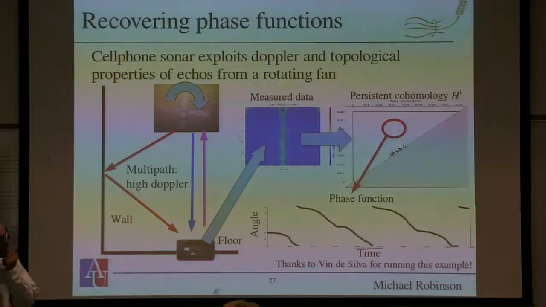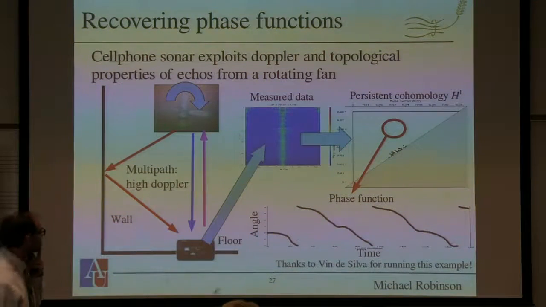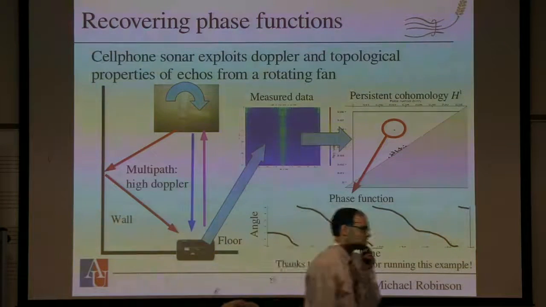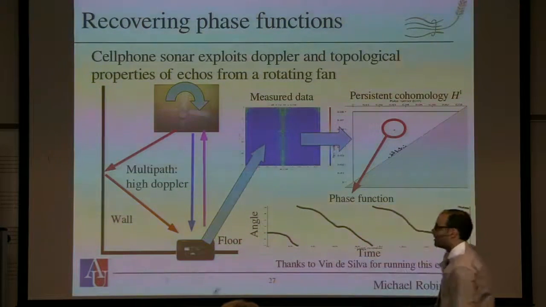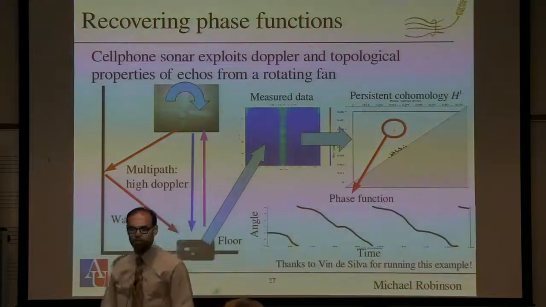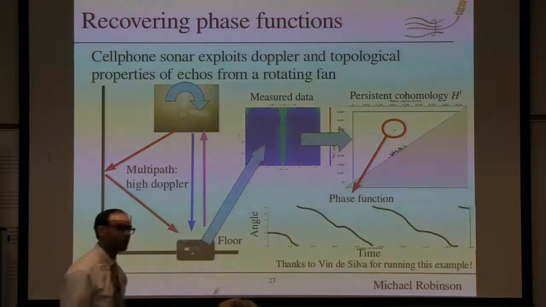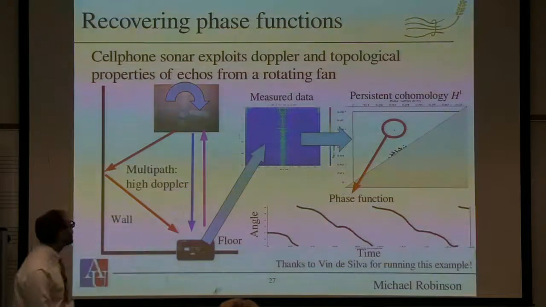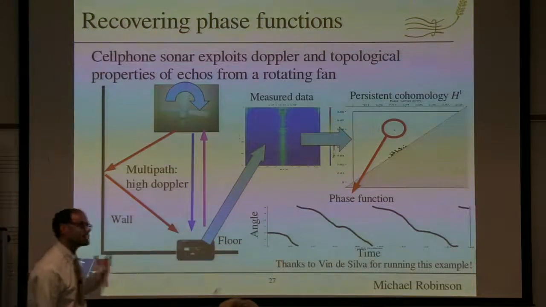Now, you can do this for other sorts of things. This is one of the data sets that I've given you, which is the ceiling fan sonar data set, where I have my handy-dandy cell phone that is transmitting a bunch of clicks, one after the other, very rapidly, at about 30 clicks every second, and then is listening to the echoes as it transmits.